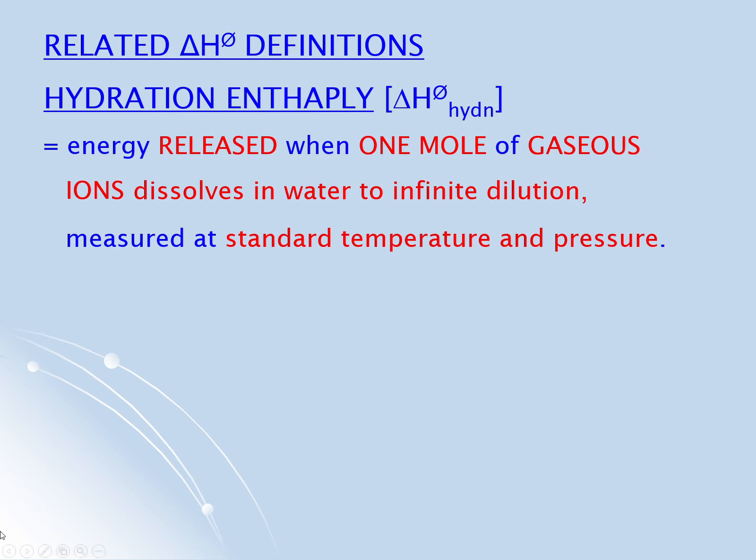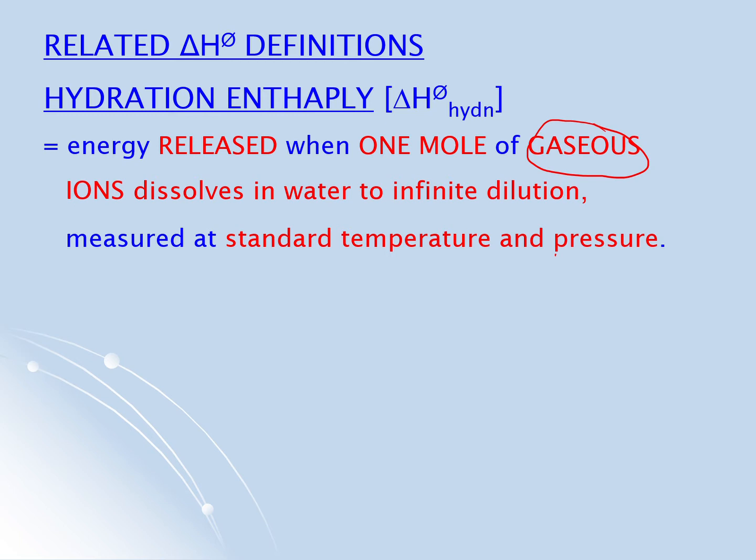So just draw your attention to the main parts of this, guys. We're talking here about gaseous ions. So you may now start to see perhaps the link between this and lattice enthalpy, where lattice enthalpy was when you broke 1 mole of the solid ionic compound up into its gaseous ions.